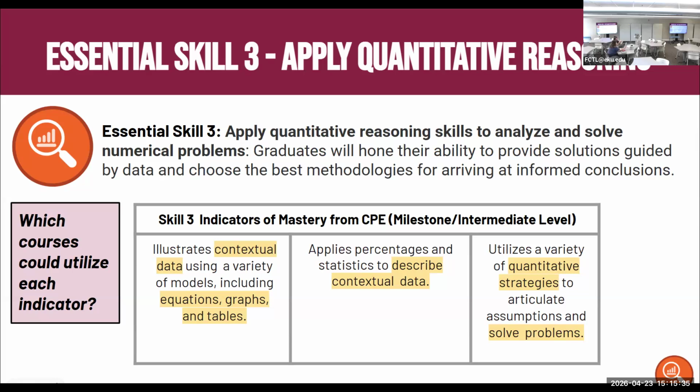Apologies, the first one. I looked and I said, well, this is contextual data, a variety of models, and this is really simplified. This is AP Stats, so just a heads up, it's a bit simpler. They are being asked to create a histogram, and then in part B, describe the shape and approximate the mean.